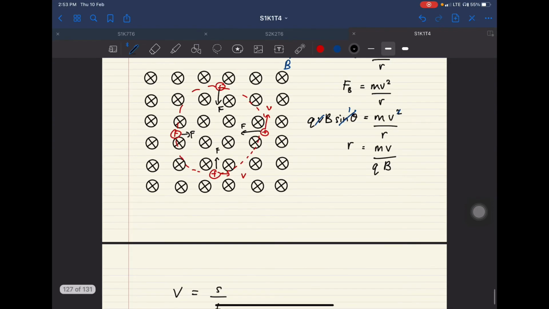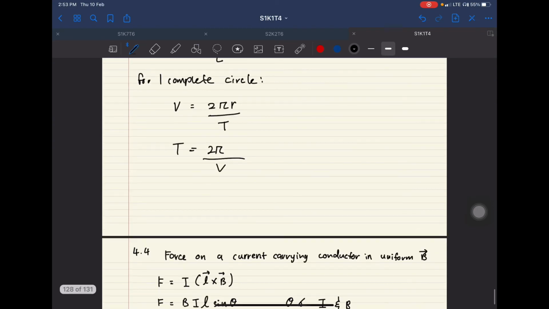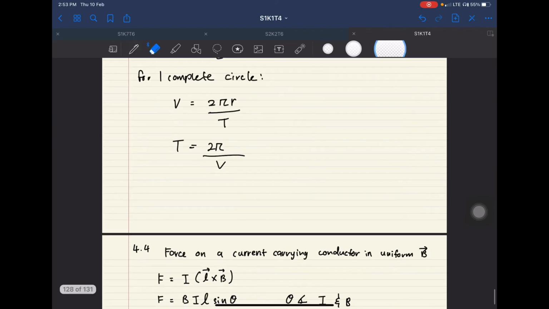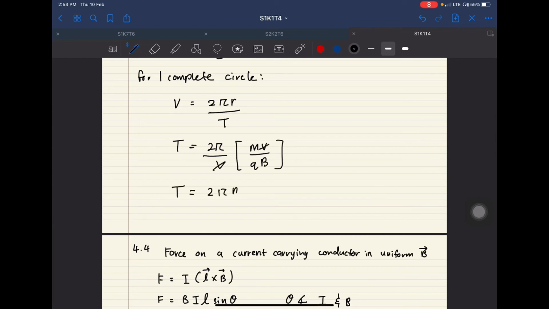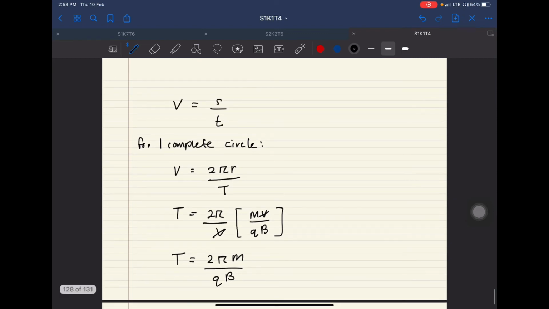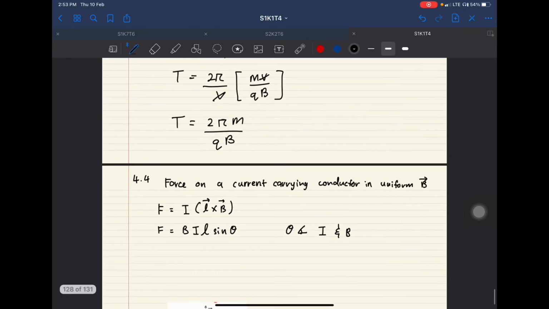But I want to substitute my r inside here, which is mv over qB. So it becomes 2 pi times mv over qB, over v. Cancel out the v, and you will be left with 2 pi m over qB. So this is how to calculate the period. And if they ask you to find the frequency, you can simply calculate 1 over T.